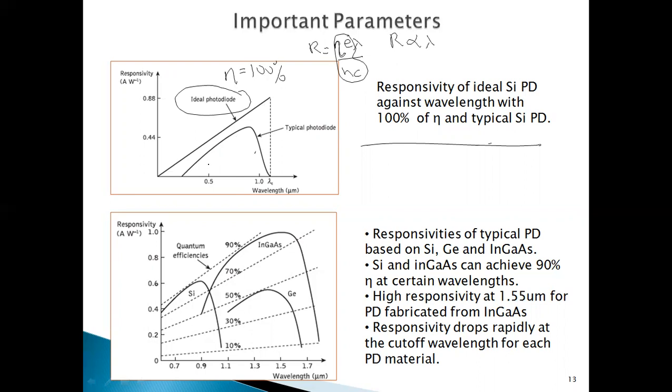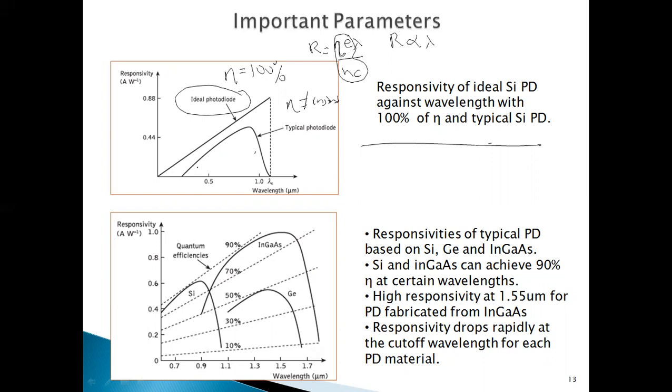But in a real case scenario, eta is not constant, and it is known to depend on the wavelength. That's why we have a responsivity graph against wavelength which looks like this. It depends on this equation and on lambda, because we know that the quantum efficiency depends on lambda.